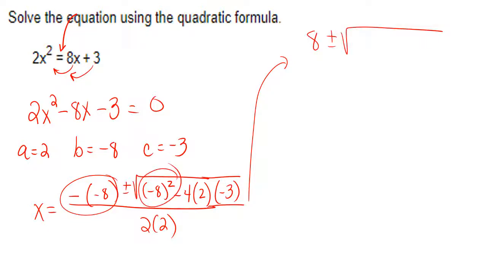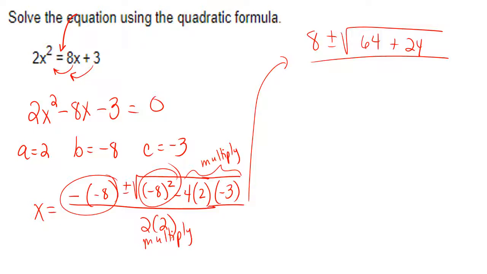Negative 8 squared will give me 64. Remember to multiply these three numbers that are at the end of the radicand, or under the radical symbol. So negative 4 times 2 is negative 8. Negative 8 times negative 3 is positive 24. And in the bottom, go ahead and multiply those two numbers. 2 times 2 is 4.